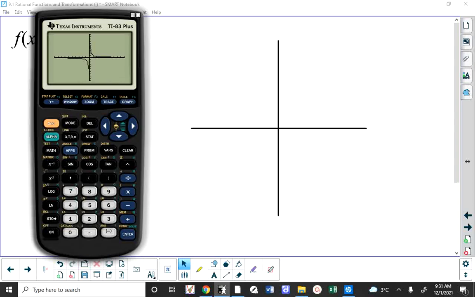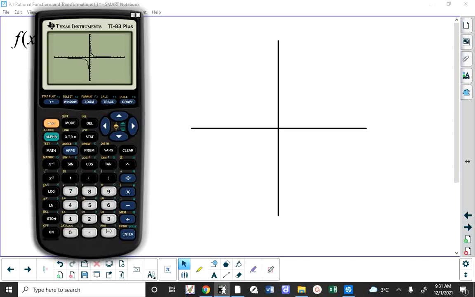When you go zoom standard, what your graphing calculator does is it goes from -10 to 10 horizontally and from -10 to 10 vertically. But what that means, since your window is physically wider than it is tall, the distance from -10 to 10 horizontally is stretched out more than the distance from -10 to 10 vertically.